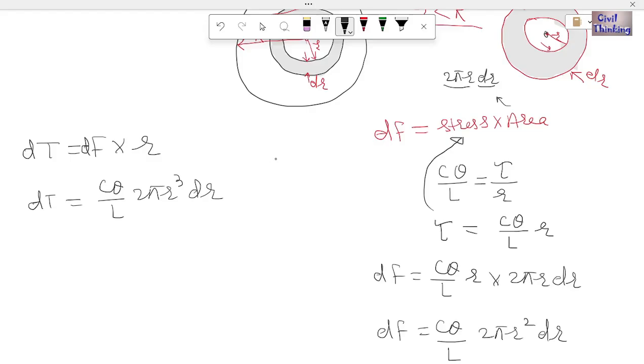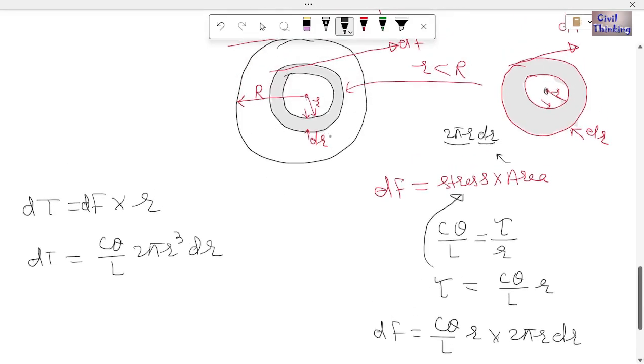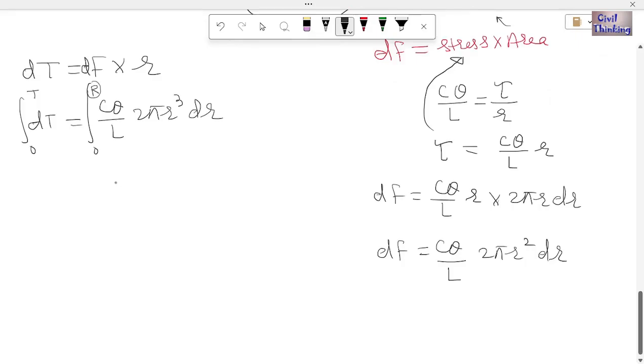Now if we want to get the torque for the entire cross section, we have to integrate this equation, because this equation is in terms of the function of this small r radius. So we have to integrate it over the radius, and the radius begins from the center. At the center the radius is 0, and at the circumference the radius is capital R. So we integrate from 0 to capital R. Let us integrate.